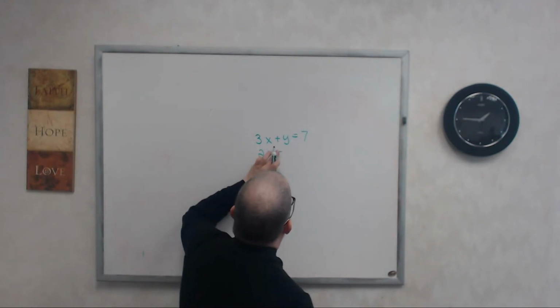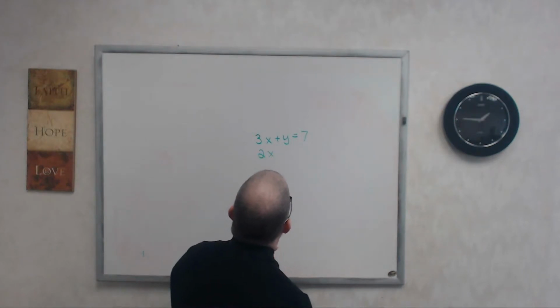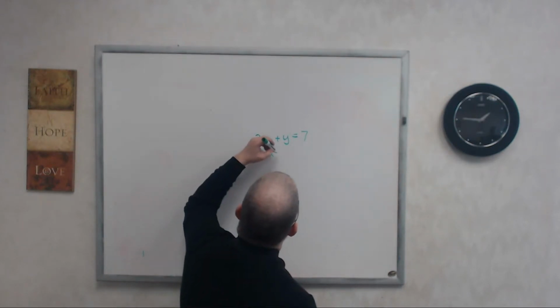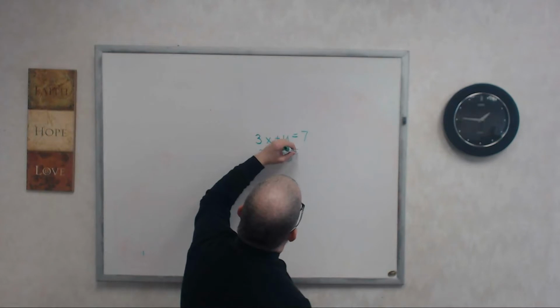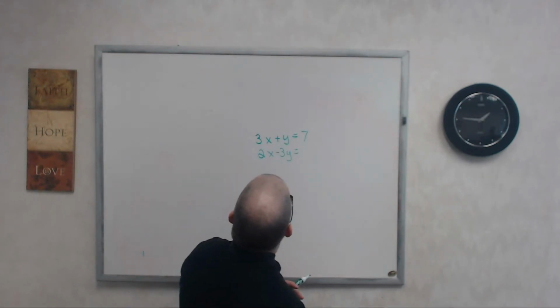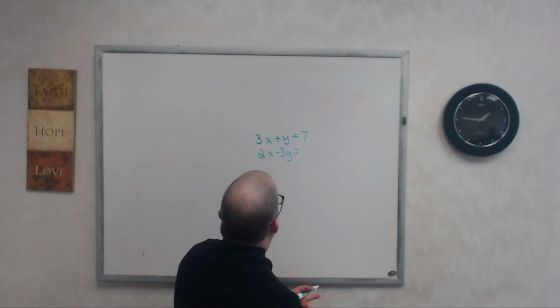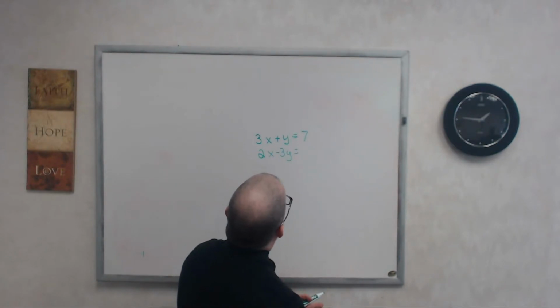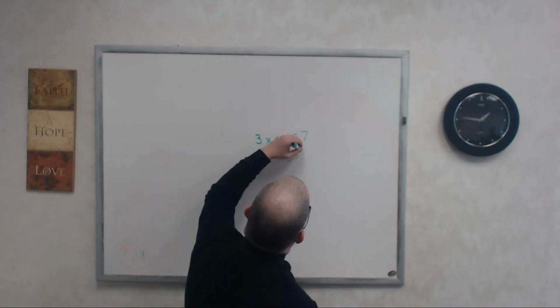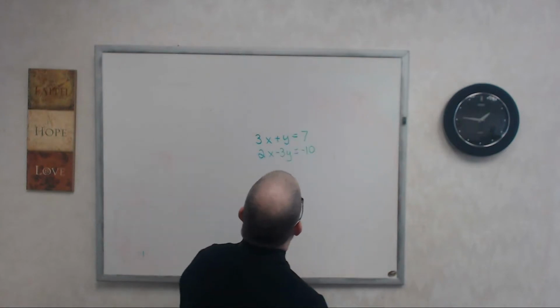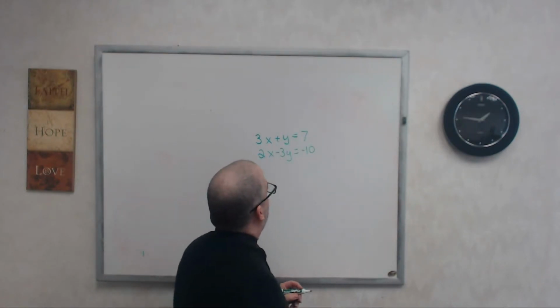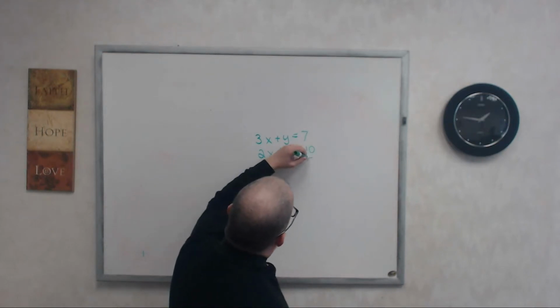We're going to change the second equation to 2x minus 3y is equal to, let me think of one where the variables cancel out easily once we multiply it through, minus 10. I think that will work out. We'll find out. Anyway, so we have two equations here.